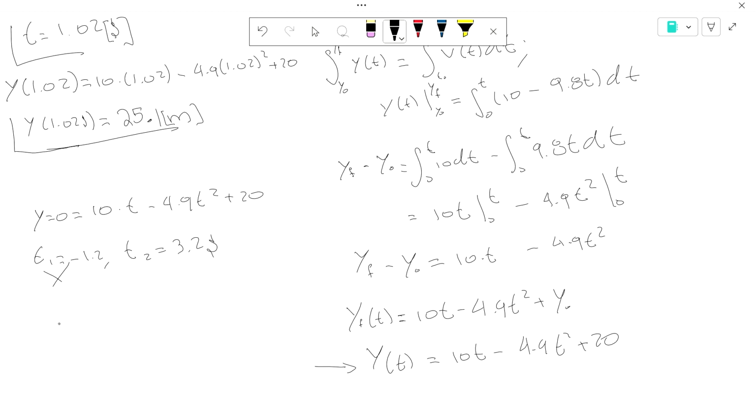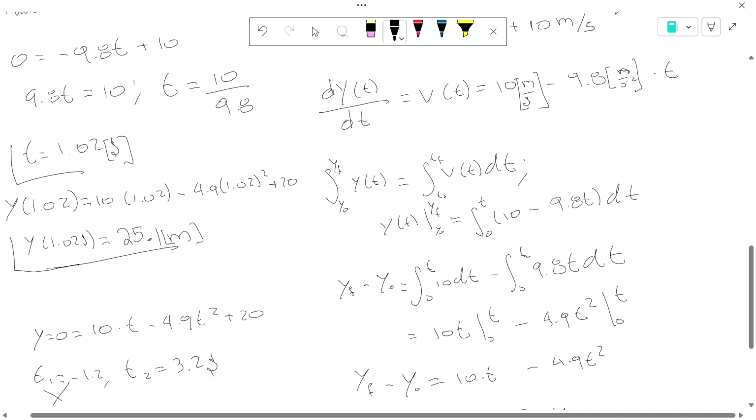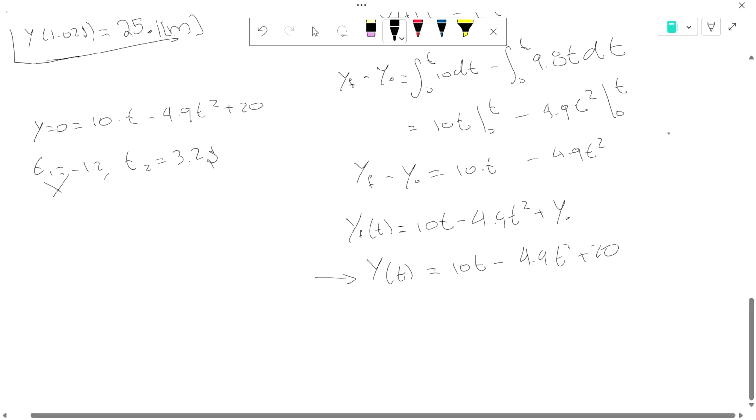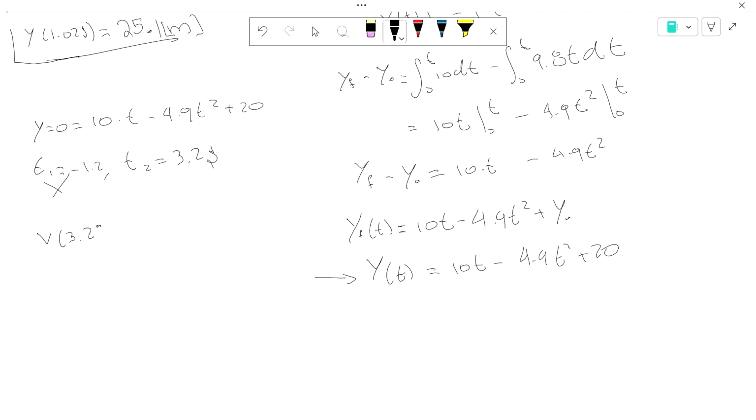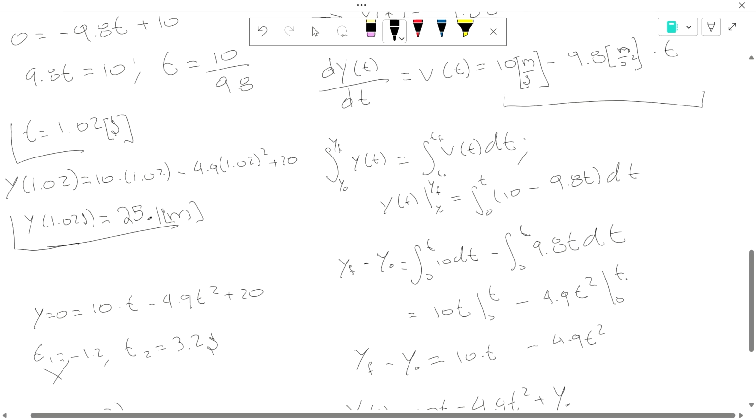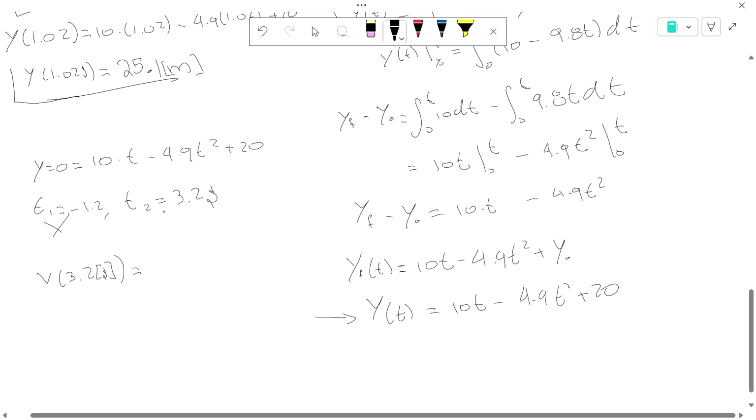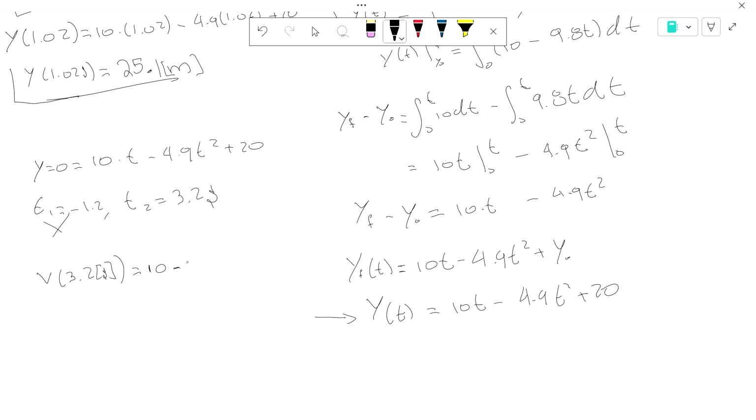So when we go back to our velocity equation, this one right here, and we plug in our time, we're going to have that v at 3.2 seconds is equal to, what is the equation? 10 minus 9.8 times 3.2.